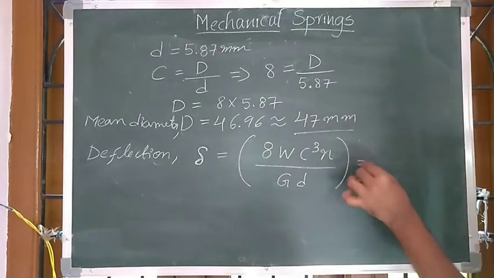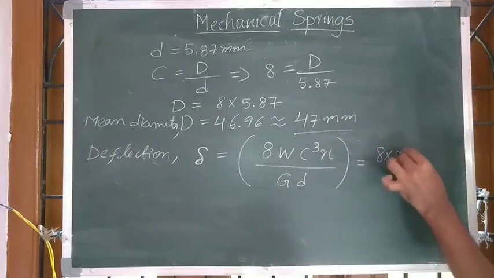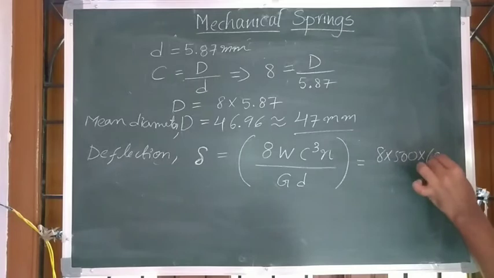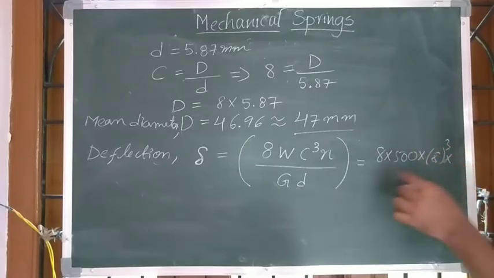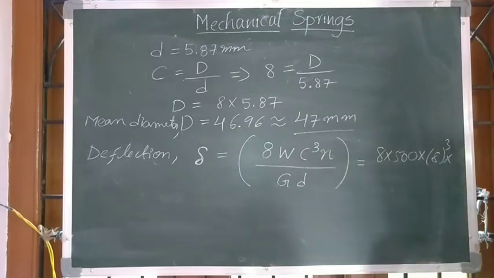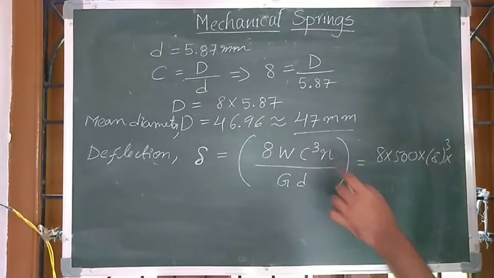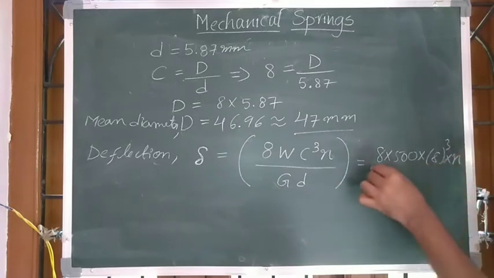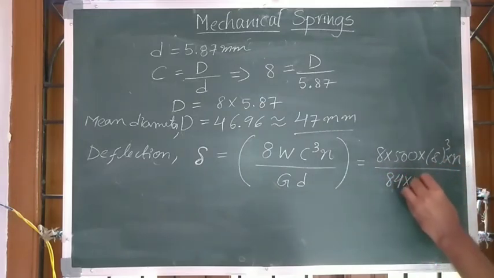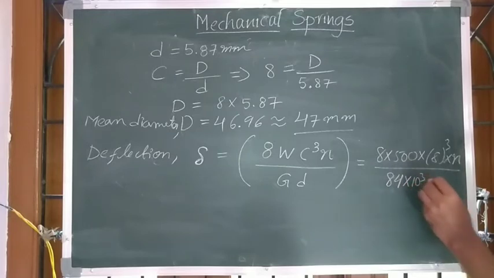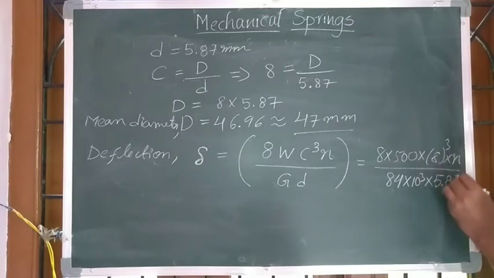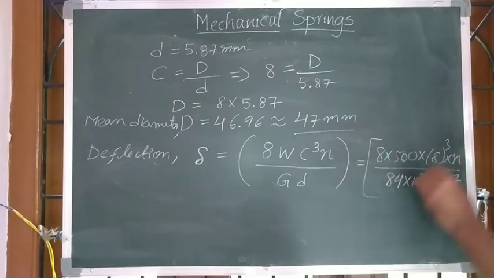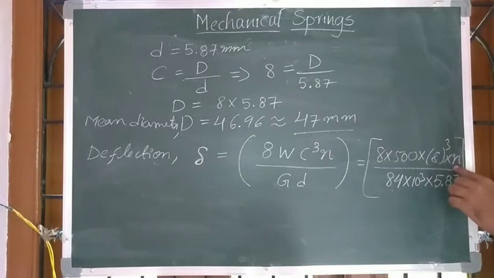So simply substitute all the values. 8 into 500, the load is 500, C cube, into N, the number of coils, divided by G, which is 84 into 10 cube, into small d, 5.87, the wire diameter. Here the only unknown is N.